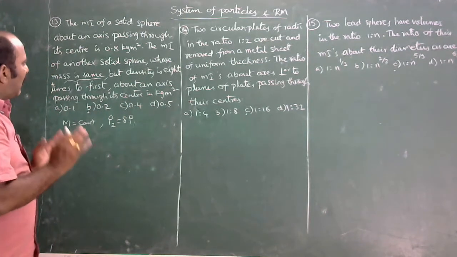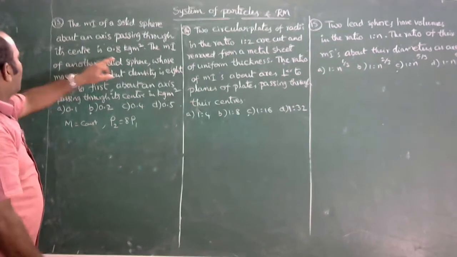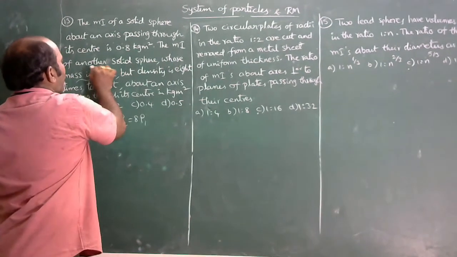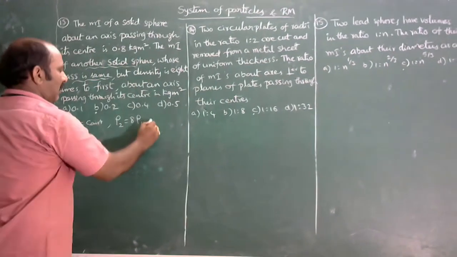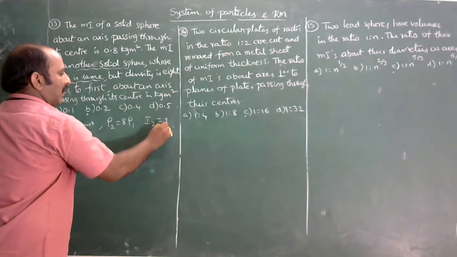So here we find the moment of inertia of another solid sphere, that means I2 is equal to question mark.